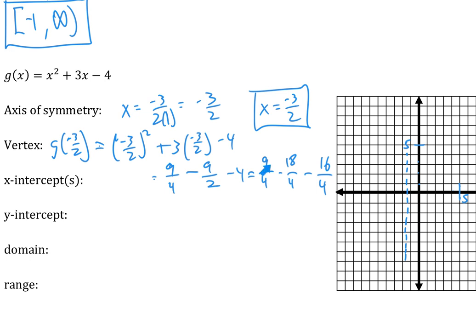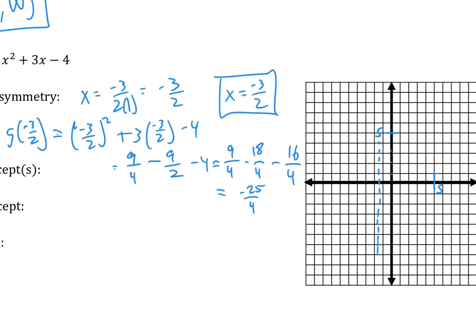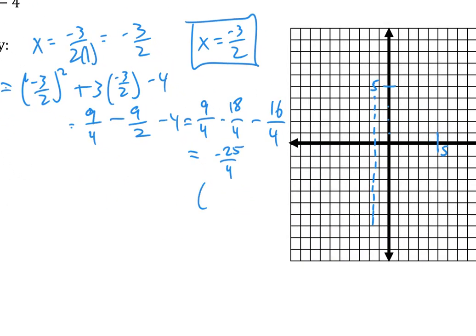So 9 minus 18 is negative 9. Negative 9 minus 16 is negative 25. Oh boy. Negative 25 fourths. Not the prettiest, but there you have it. Good fraction practice, huh? So our vertex is at negative 3 halves and negative 25 fourths.